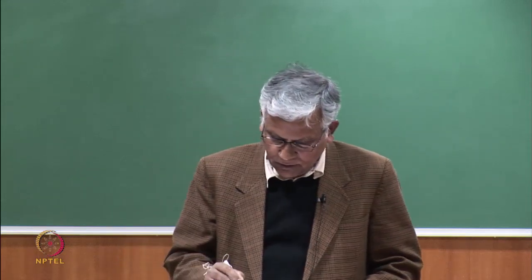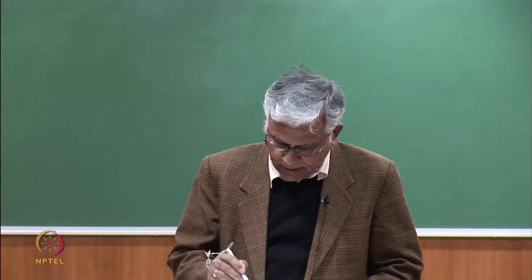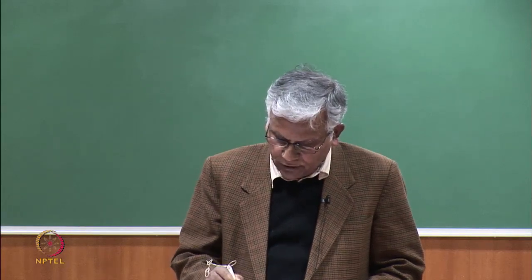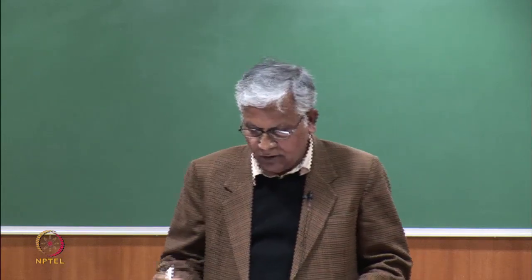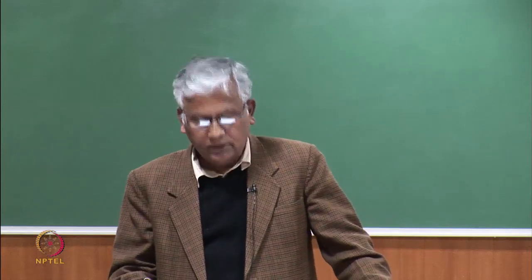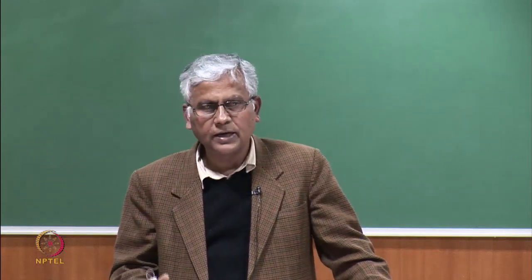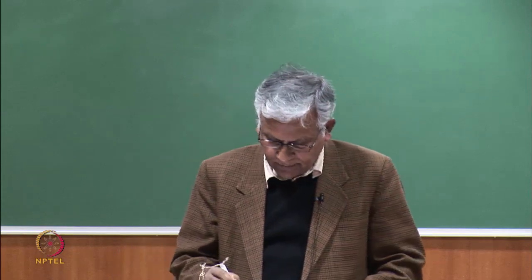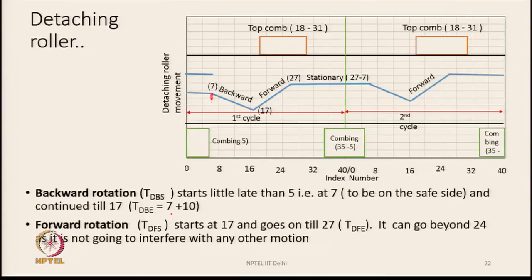So, it must start rotating backward. So, it starts somewhere at 7 and it continues its backward journey. How long? That is up to another 10 index number. So, it starts at 7 and it must therefore end at 7 plus 10, that is 17. So, it starts at 7 and ends at 17. That is the backward journey of the detaching rollers.